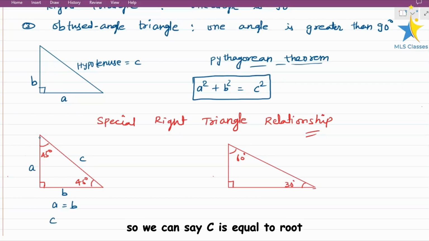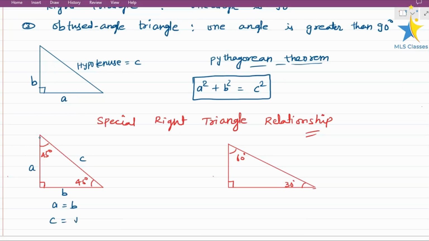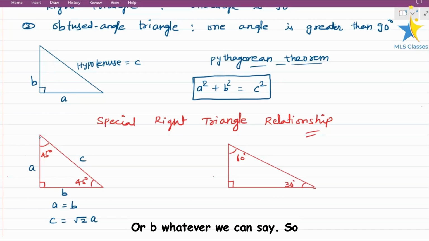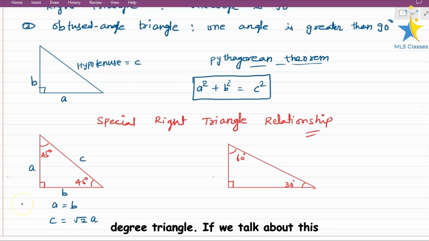So we can say C is equal to root 2 times A or B. So these two sides are equal, and hypotenuse is always root 2 times the leg of the special 45, 45, 90 degree triangle. That is the relationship in 45, 45, 90 degree triangle.